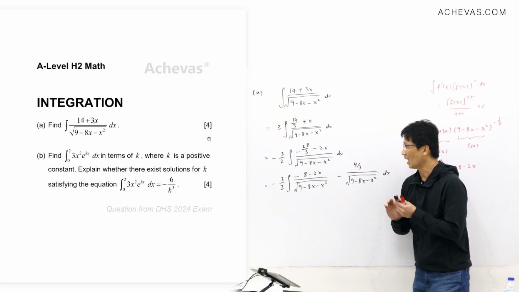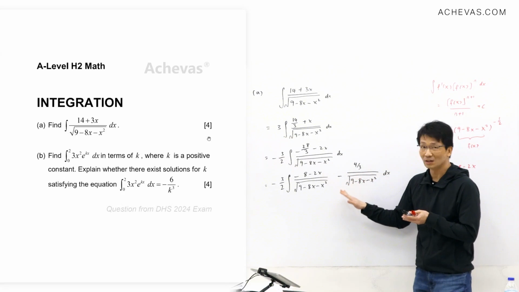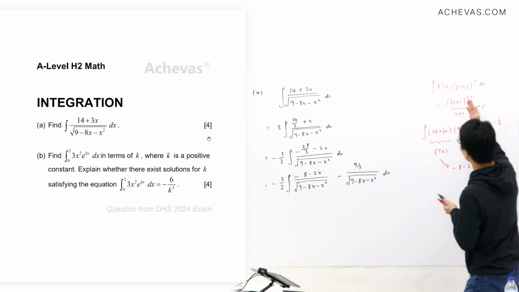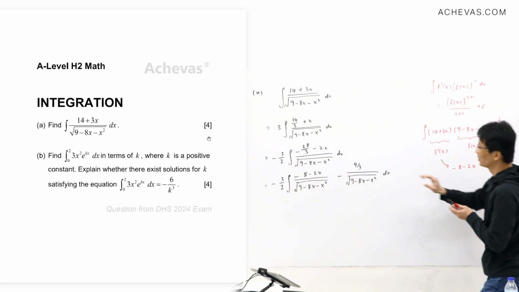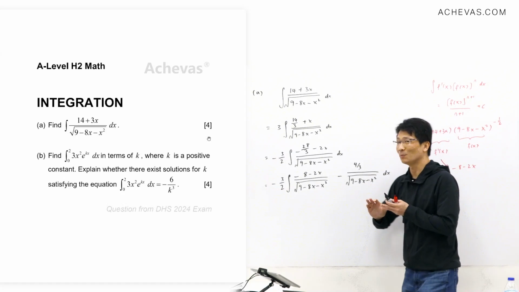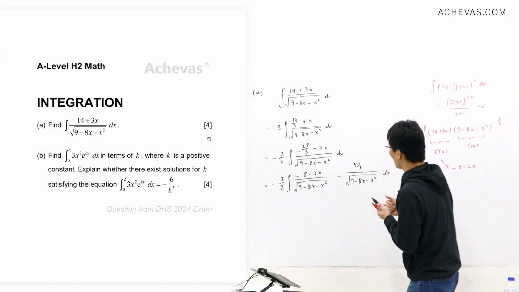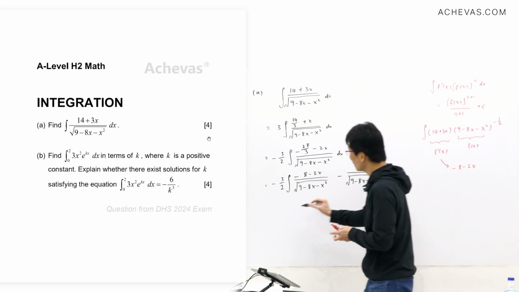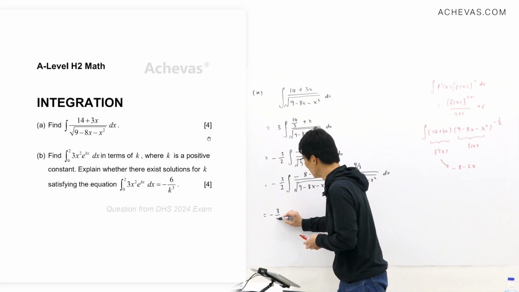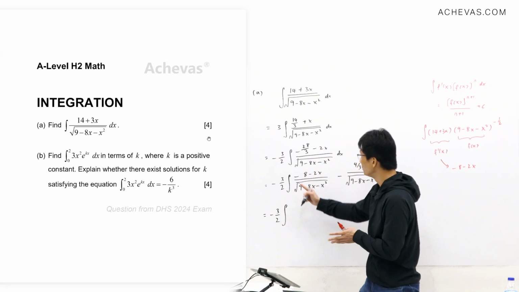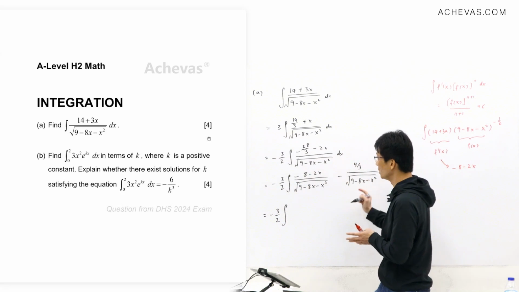So once I do the splitting of the numerator in this form, I can see that actually this portion here, I can apply this formula already. As for this part here, probably I need to make use of the formula from the MF27. All right, so let's try to do a bit of simplification here. And by the way, this minus 3 over 2 belongs to the entire integral.